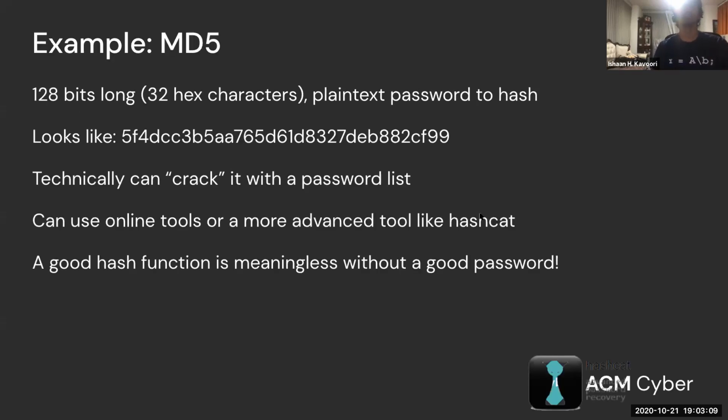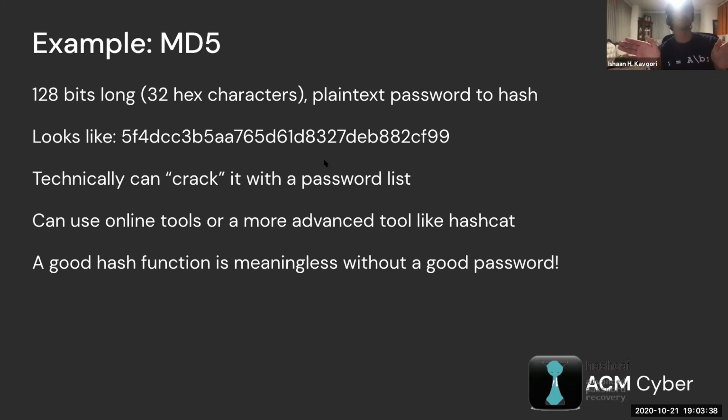An example of this, because this shows up quite a bit in CTF challenges, is an MD5 hash. I won't go into how this is generated, but basically you put in any text and what comes out is a 128-bit long hash, or 32 hex characters, and it's going to look something like this.